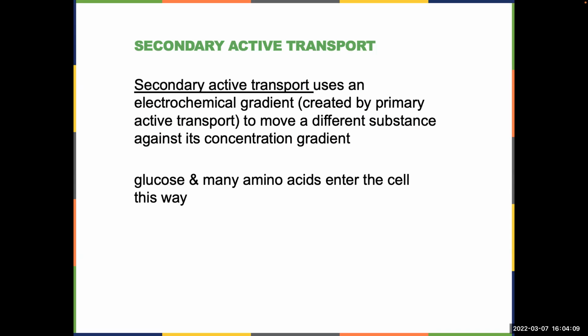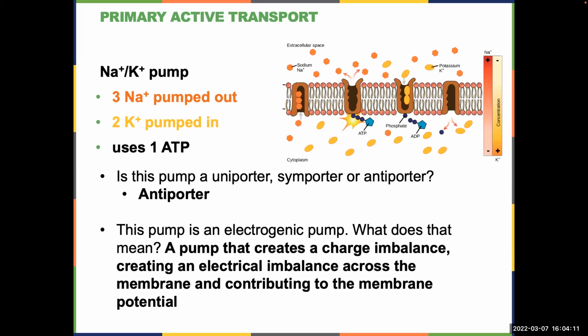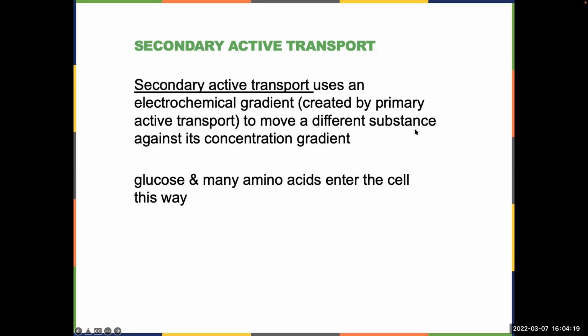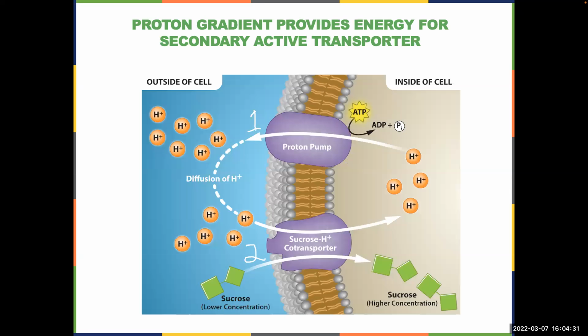So secondary active transport. The sodium potassium pump is a primary active transport because you're using ATP directly. Secondary active transport: now you've created a gradient with primary, you can use that gradient for secondary movement. So you have a proton pump, it creates a gradient.